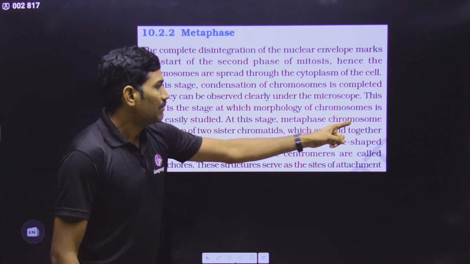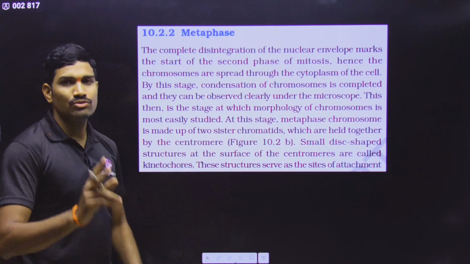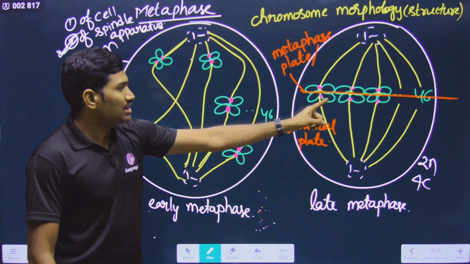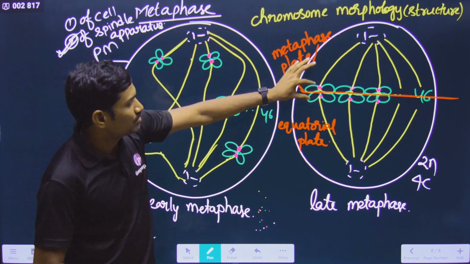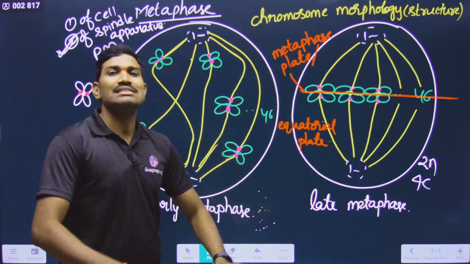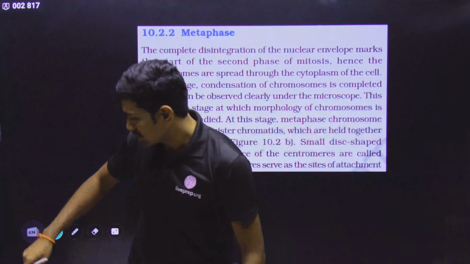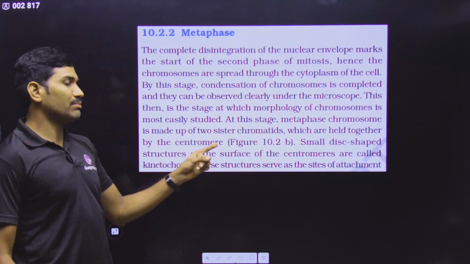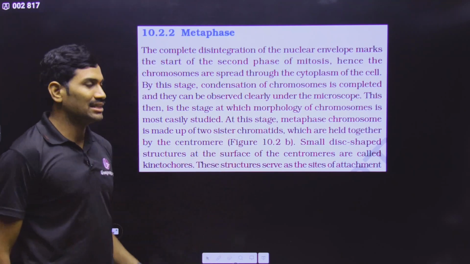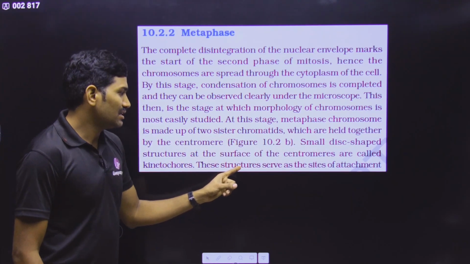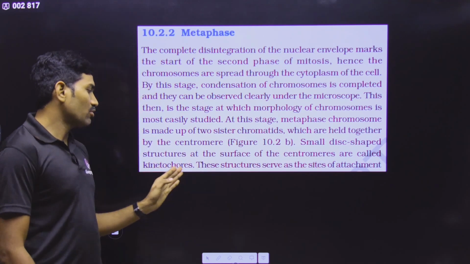At this stage, the metaphase chromosome is made up of two sister chromatids. Observe the diagram. Each chromosome has two chromatids, sister chromatids, because both of them are still attached to the same centromere. So each chromosome has two sister chromatids, which are held together by the centromere. Next one, small disc-shaped structures at the surface of the centromere are called kinetochores.